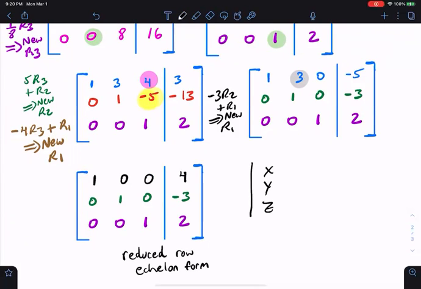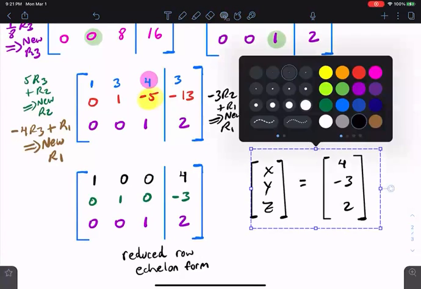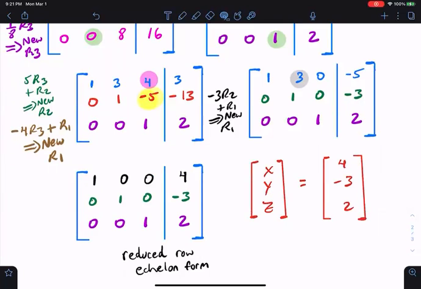If I write it in vector form, my solution is 4, -3, and 2. So this is the answer for this problem.